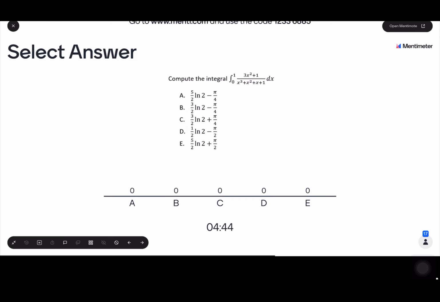Some trigonometry. Yeah, no, don't wait. Trigonometry goes with you.